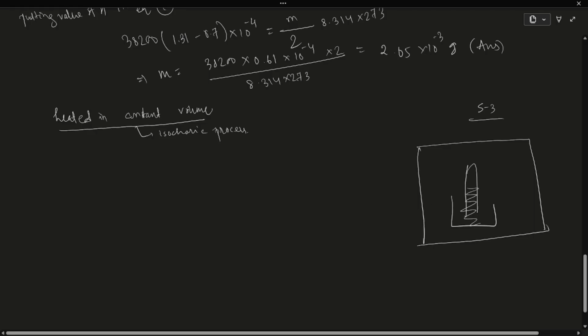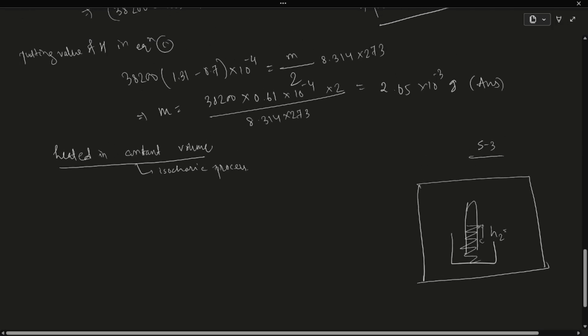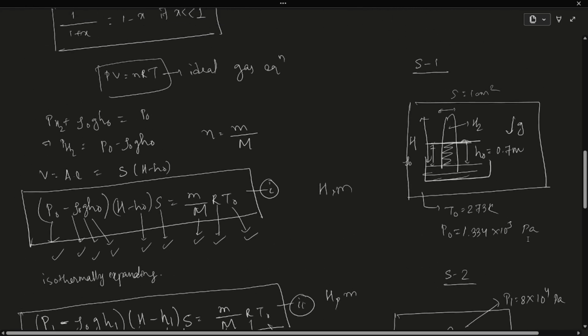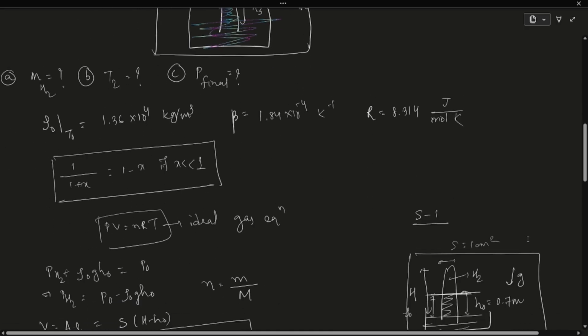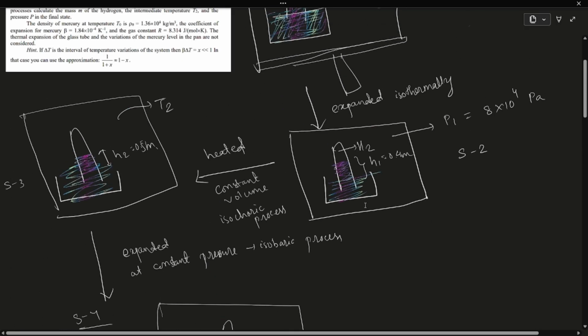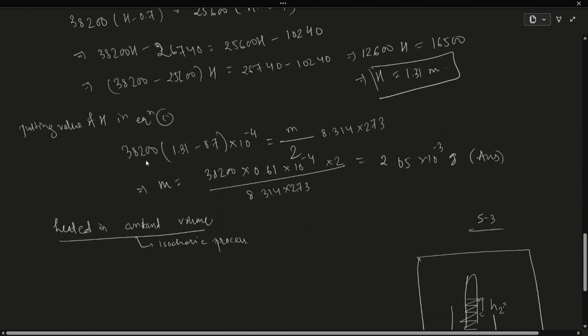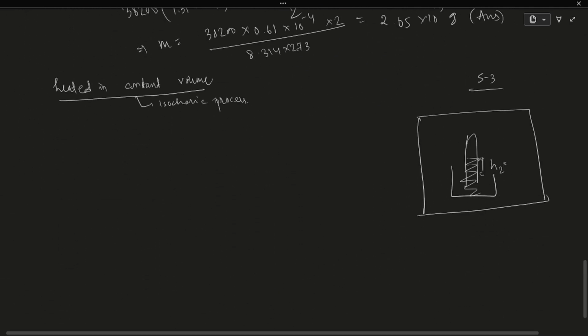Here is our mercury. This height is H2. H2 is 0.5 meter, right? Its temperature is T2.